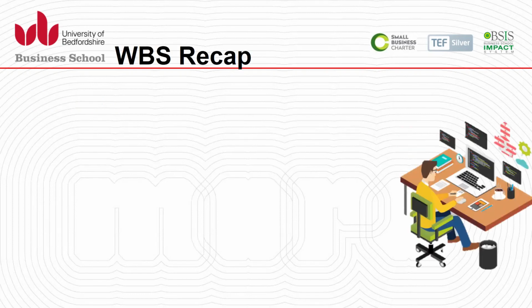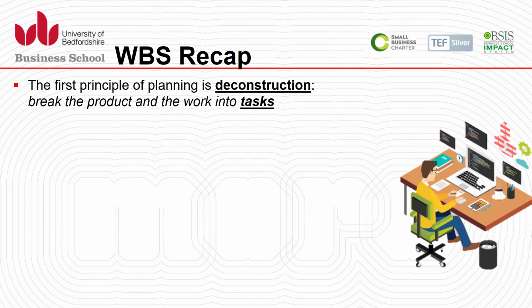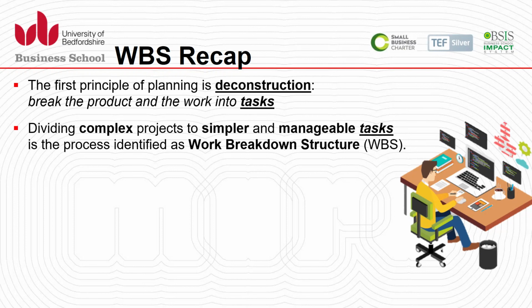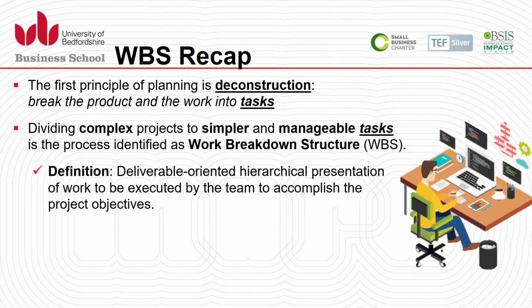So we recap from the WBS. We know these are the key characteristics or key principles: we do decomposition, deconstruction, break down the product or the project task, divide the complex project into simpler manageable tasks, transforming from complexity to simplicity, which we need to identify through the work breakdown structure.